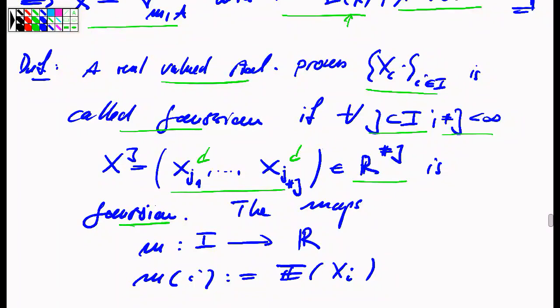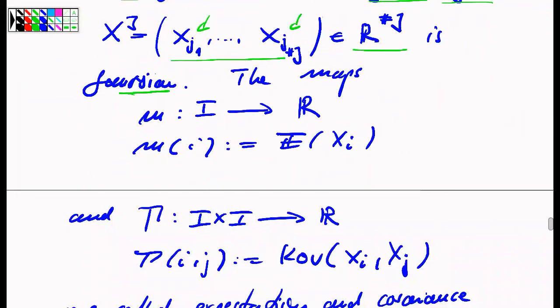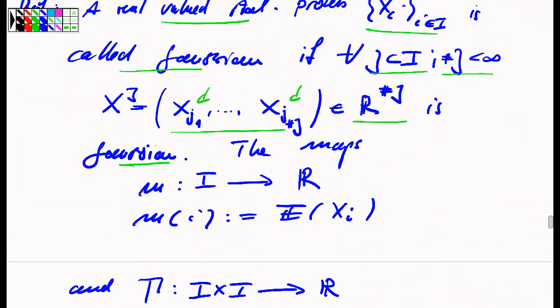And we have just seen what it means that a random variable is Gaussian. So we call a stochastic process with an arbitrary index set I Gaussian if all the corresponding finite dimensional distributions are Gaussian.